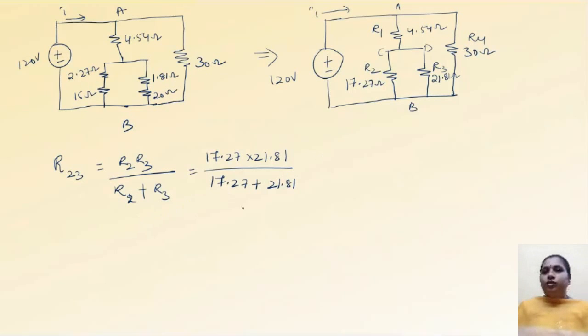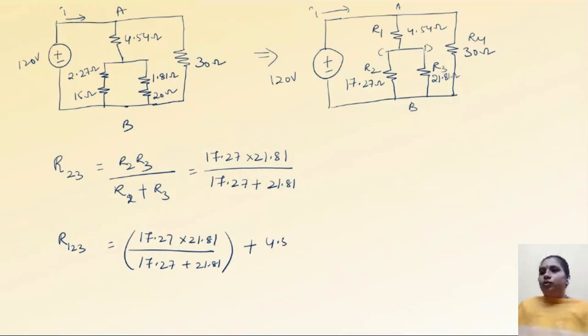So R123 is equal to the value of this equivalent, 17.27 into 21.81 divided by 17.27 plus 21.81 plus the series combination. So this value is 14.17 ohm.